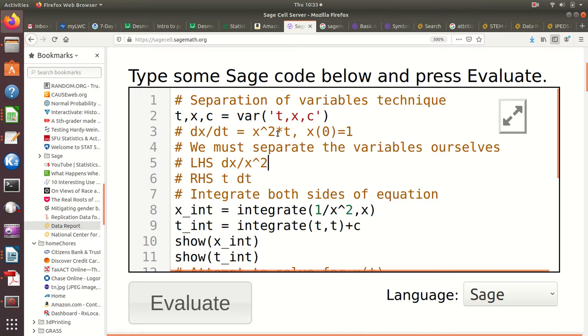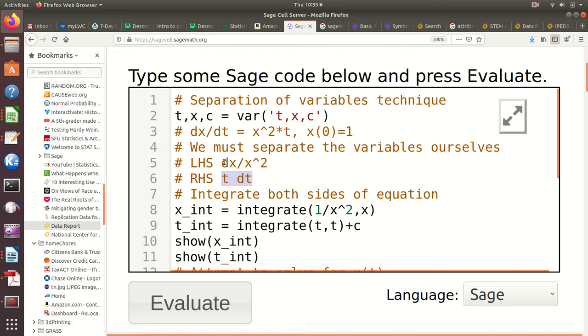But if we divide both sides by x squared, so we separate that way, and then go to our differentials, in other words, do the substitution for dx/dt and get a dx, then what we have on the left hand side is dx divided by x squared, and on the right hand side we will have just the t left, and when we integrate with respect to t, of course, we have the dt.